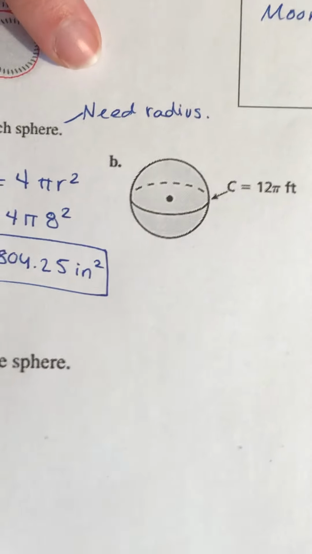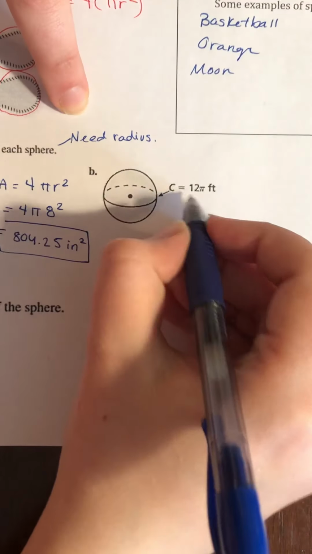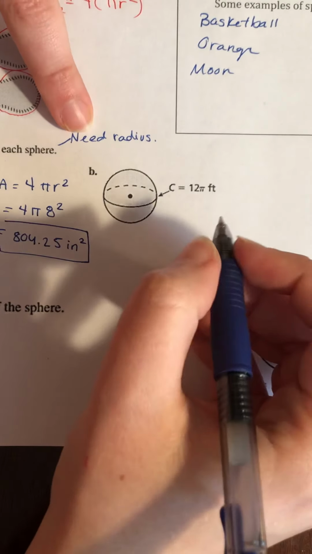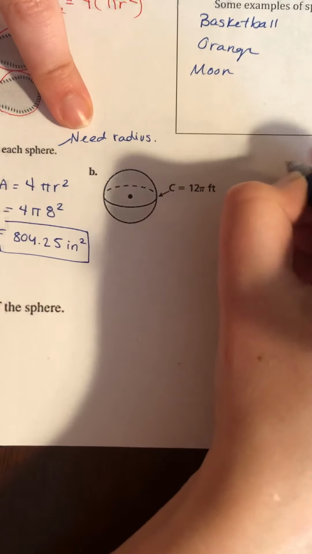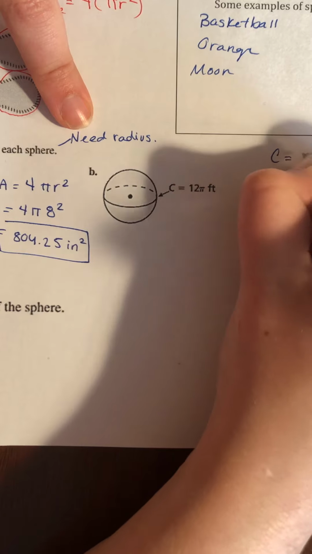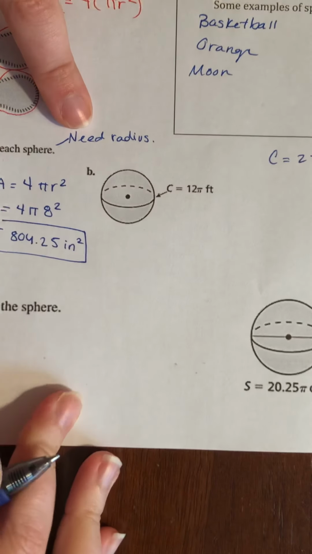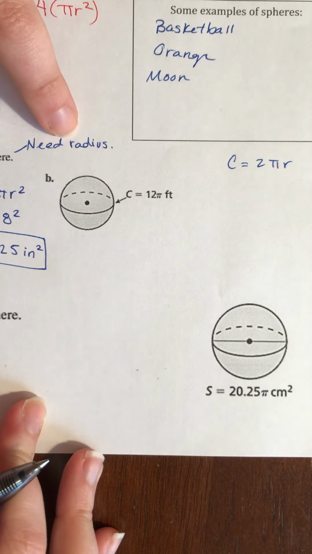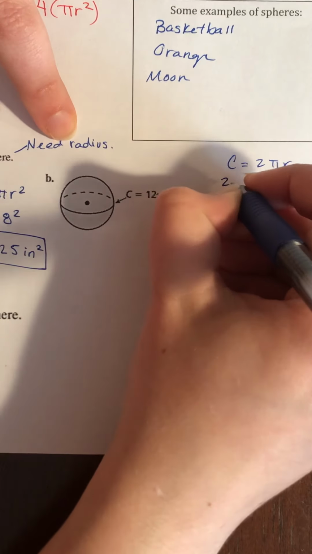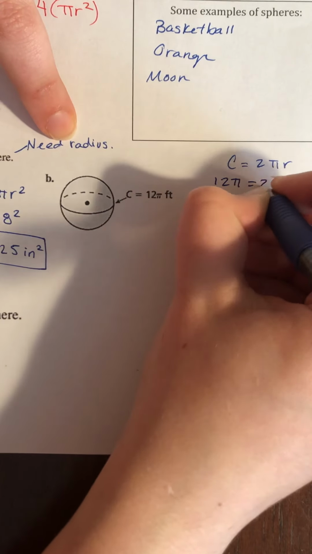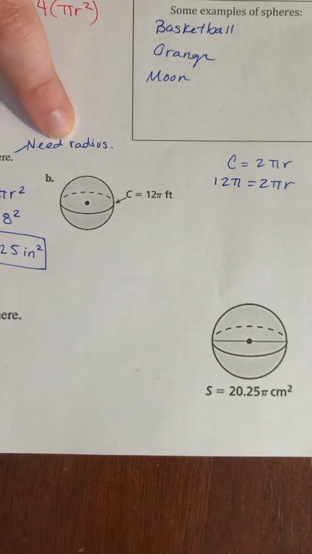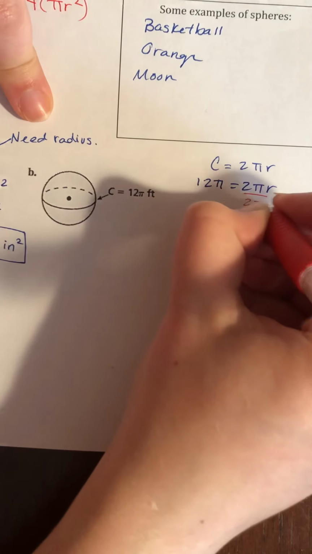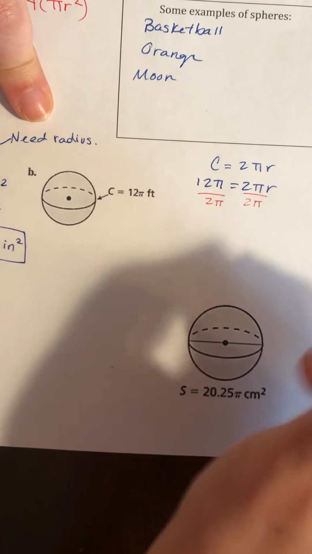Now, for this one, they did not give us the radius, they gave us the circumference. So, circumference is 2 pi r. We can use that to find the radius to move forward. So we have 12 pi equals 2 pi r. Divide by 2 pi on both sides.